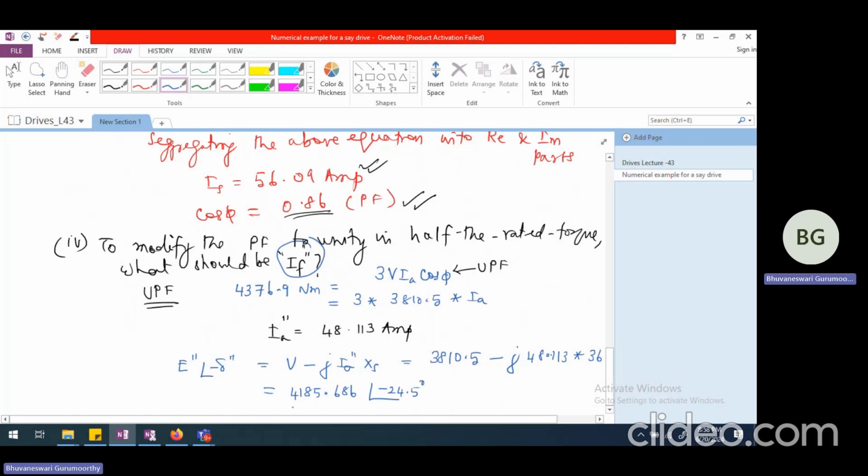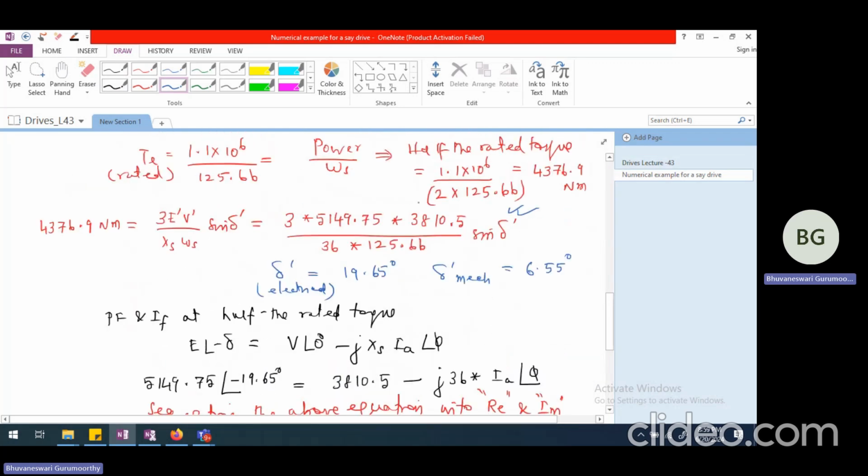Now, this is the excitation voltage. And excitation voltage is always proportional to the field current. So if we say that in this particular case, 5149.75, this excitation voltage was proportional to 12 ampere.